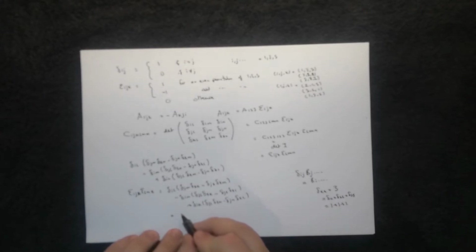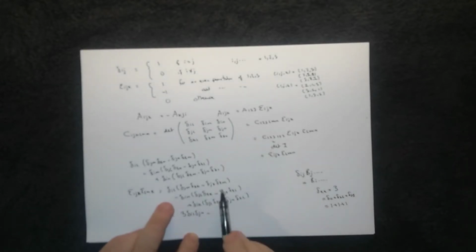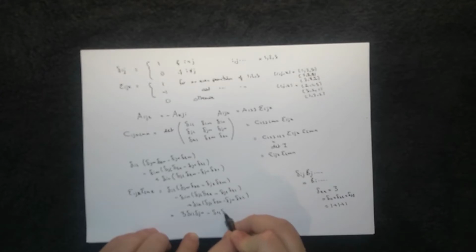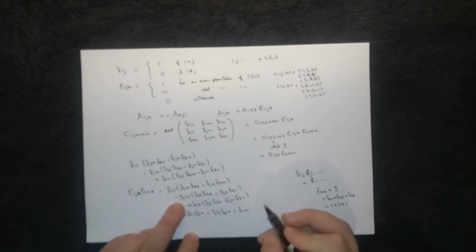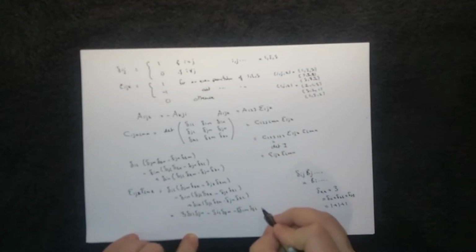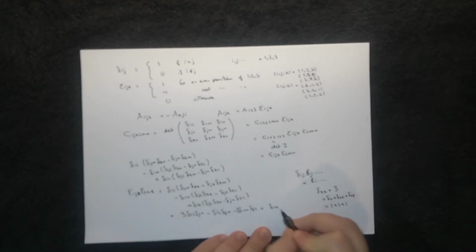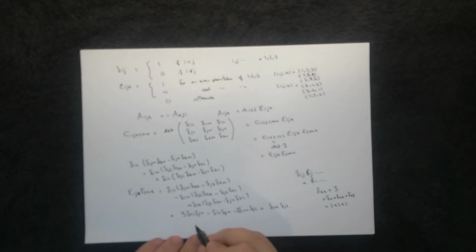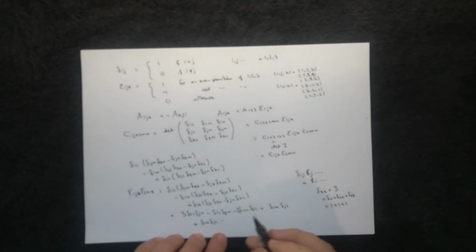So we get 3 delta IL delta JM minus delta IL delta JM, that's using the substitution rule here, minus delta IM times delta JL, and that's a 3, plus delta IM, and this acts as a substitution operator, JL, plus delta IM delta JL minus delta IL delta JN.